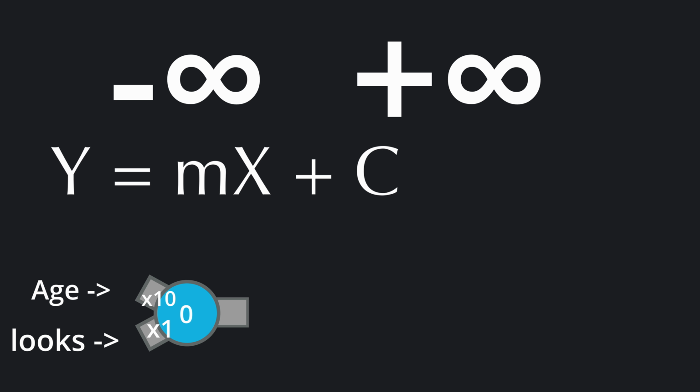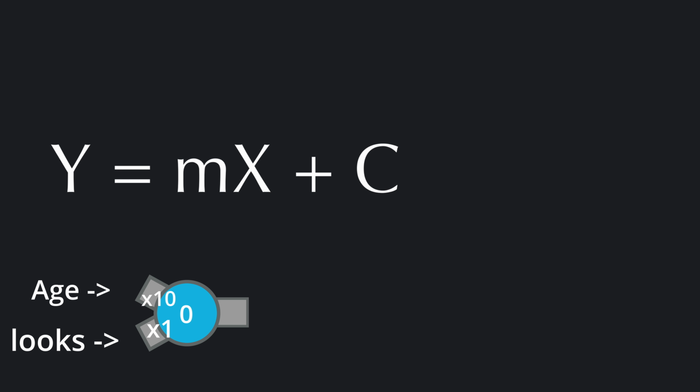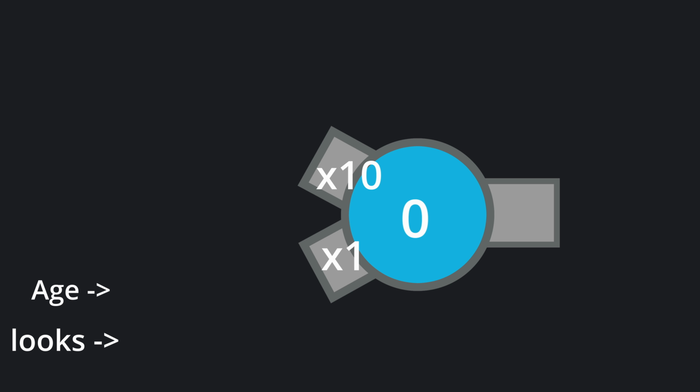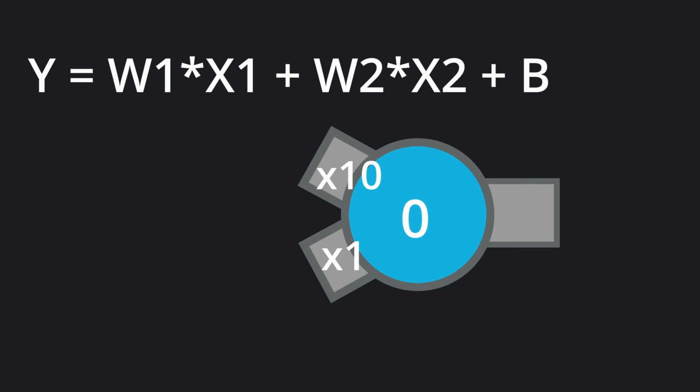As you can see, the weight for the age input has been set to 10, so times 10, because he holds a high regard for age, so it has a stronger correlation. So since we have the inputs, the weights, and the bias, 0, we can start calculating.